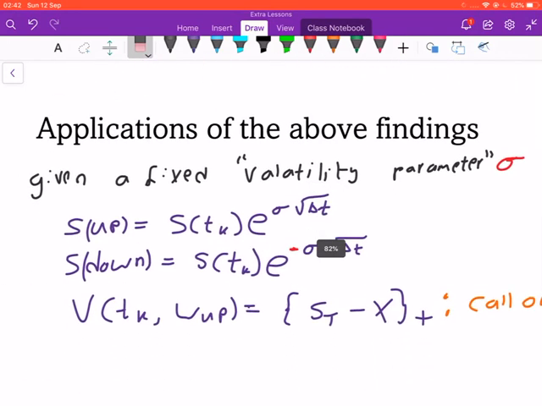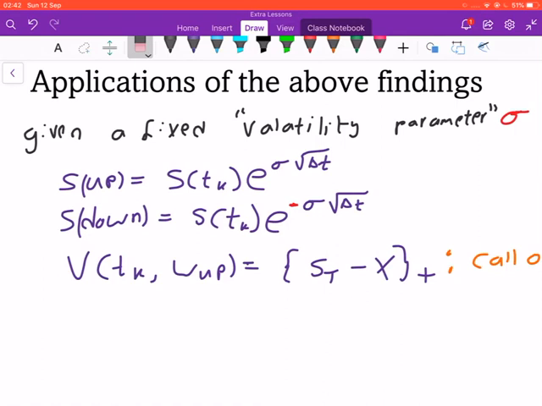So how do we apply these findings? To apply them, you will have to be given the value of your volatility parameter, sigma.